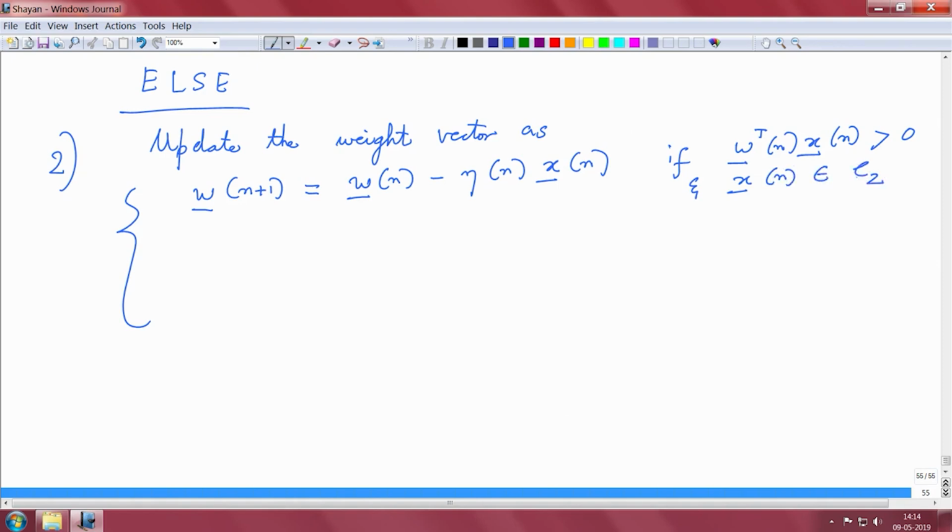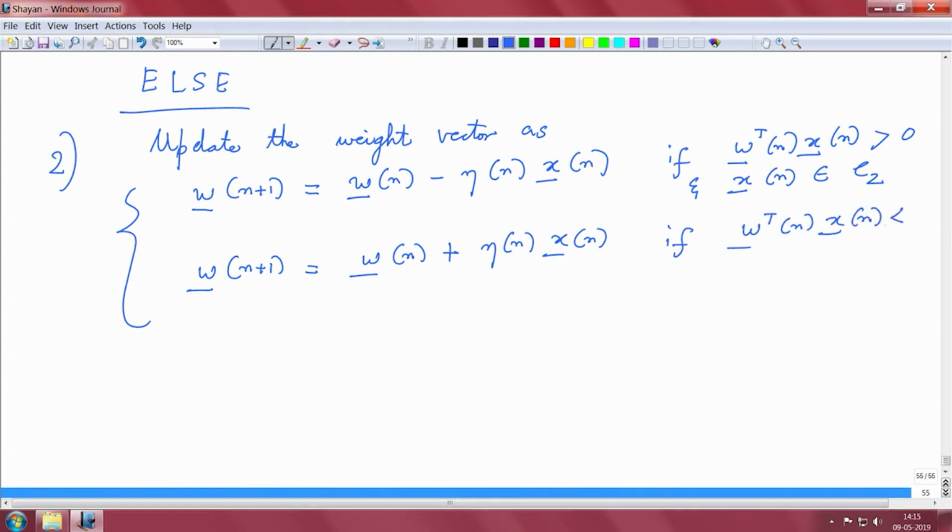So, I will write the other statement, and then I will explain how this works. Wn plus 1 is Wn plus some eta of n xn if W transpose n xn is less than or equal to 0 and xn belongs to class C1.